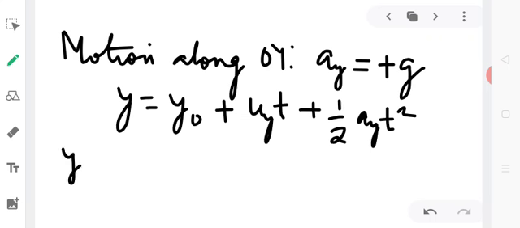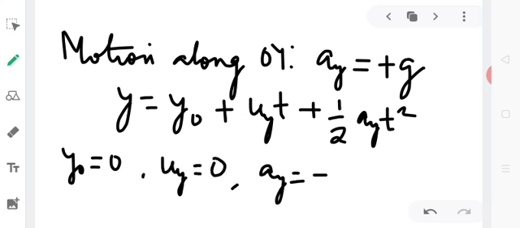Here y0 is equal to 0, uy is equal to 0, and ay is equal to plus g.